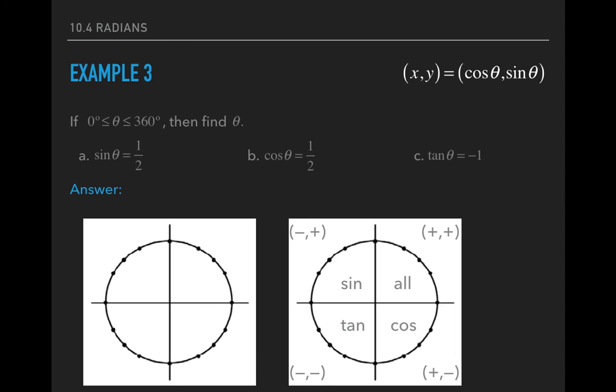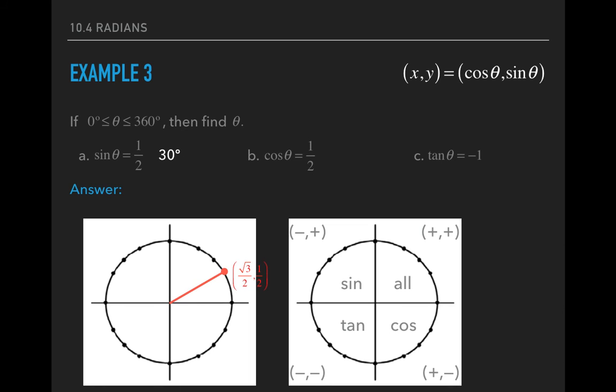Okay, now let's try and answer the question. When is sine 1/2? Well, 1/2 was one of the ratios when you worked with 30-degree and 60-degree measurements, but we're looking at sine, which is the height, being 1/2, being that short measure. So that would be right here, which is going to be at 30 degrees.